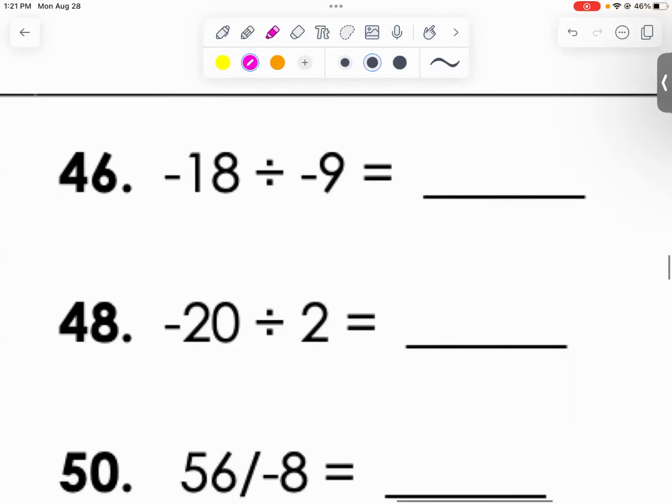What about here? -18 divided by -9. We still have the same signs. They're just both negative. We're still going to get a positive answer.